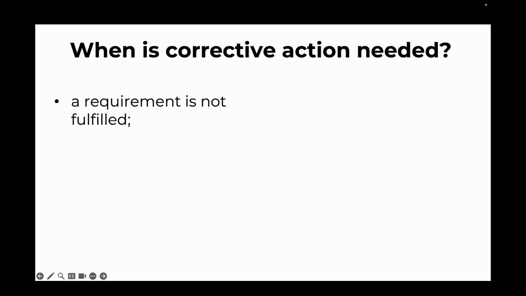Not every small deviation requires a full corrective action process, but BlueRiver should know when corrective action is needed.